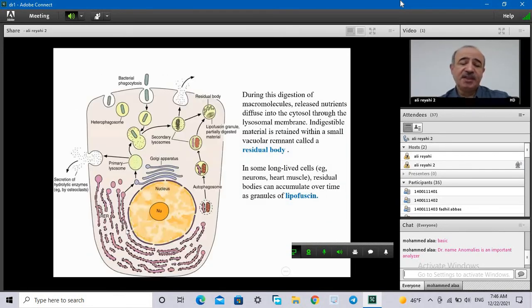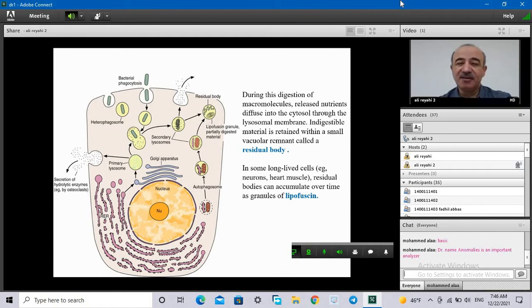This picture shows the first lysosome, or primary lysosome, that is formed by the rough endoplasmic reticulum and the Golgi apparatus. The Golgi apparatus, for example, forms the enzymes. The enzymes are proteins, okay?